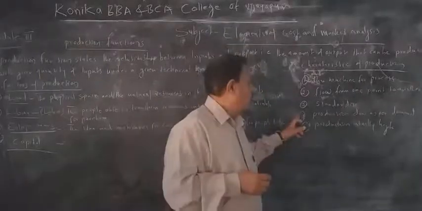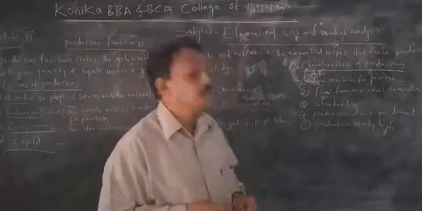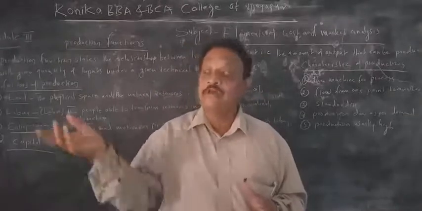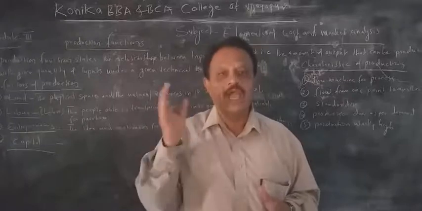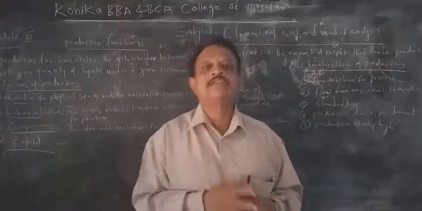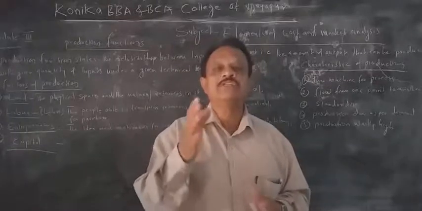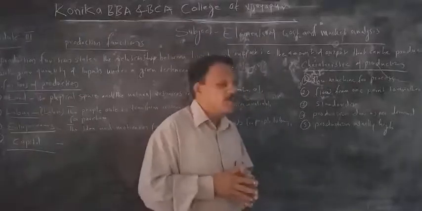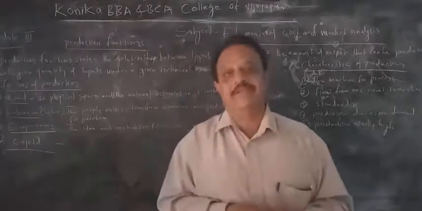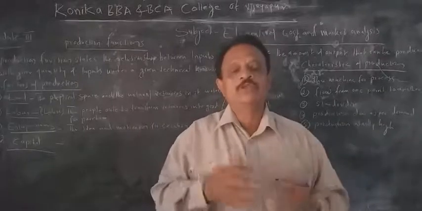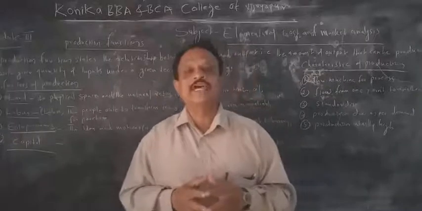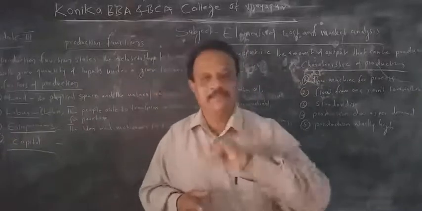Then the fourth one: production is done as per the demand. Whatever the demand coming from the market, as per that demand they have to start the manufacturing and the production process. That is also very important. And the last characteristic of production is that production is usually high.